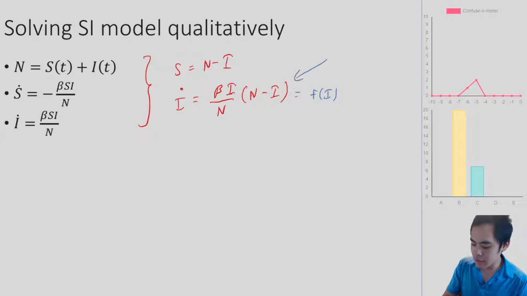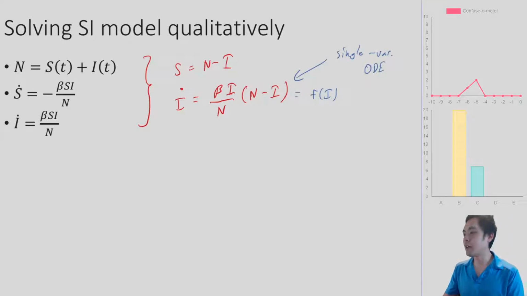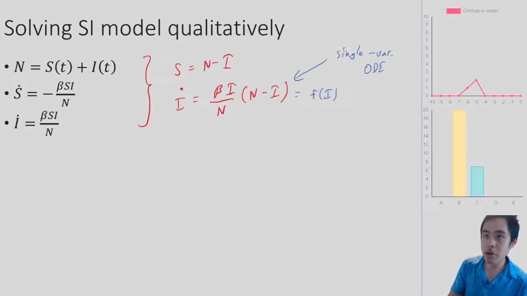And note that this is a single variable ODE. So what are we going to do? Well, let's try finding the equilibria. So what are our equilibria?